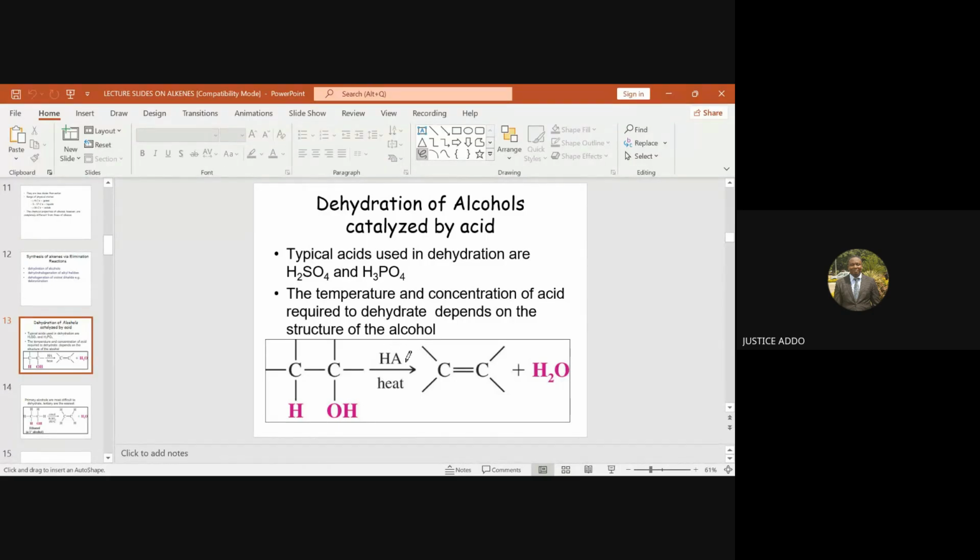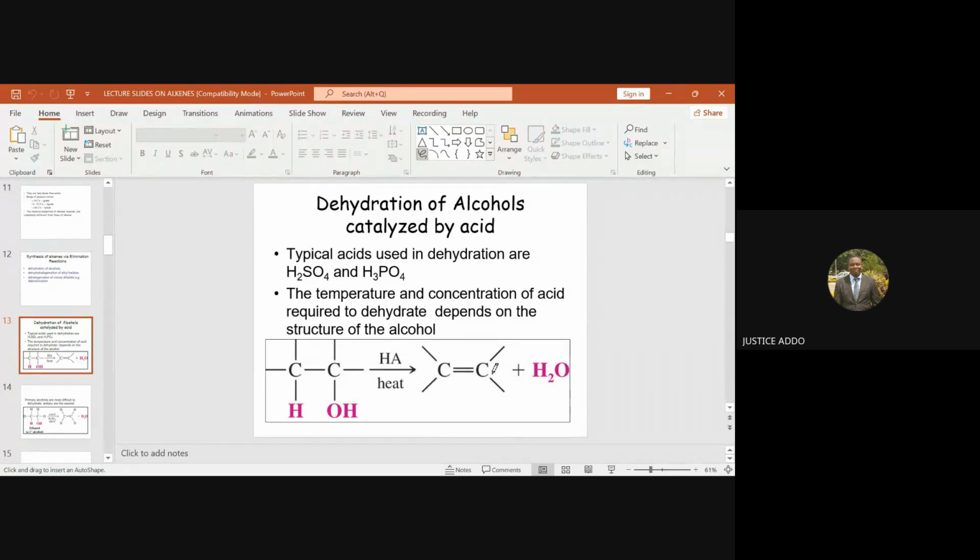HA is just telling you that it could be any acid. It could be HCl, HBr, or HI. Then heat.